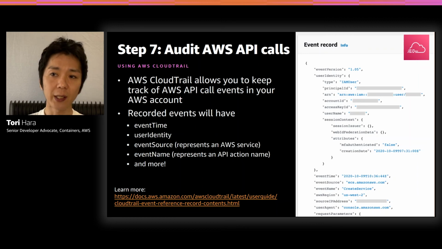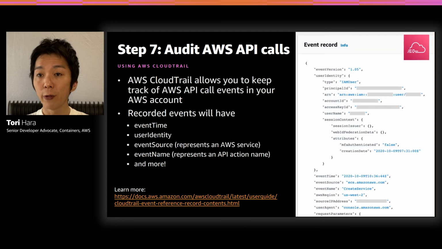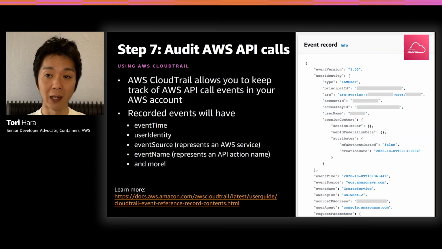You can use another AWS service called AWS CloudTrail to achieve this. As you can see, with CloudTrail, you can find AWS API calls to know what and when actions were taken by a user or a role. This is very useful to keep track of AWS API calls to audit activities in your AWS account.